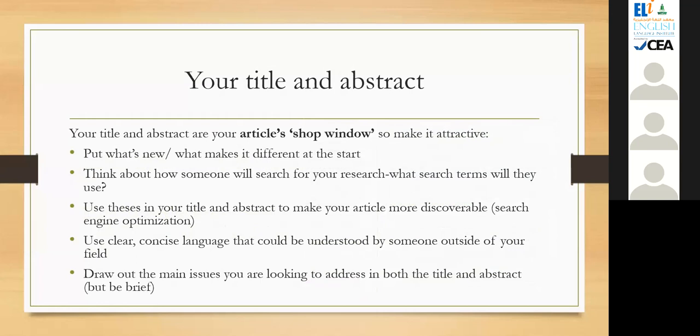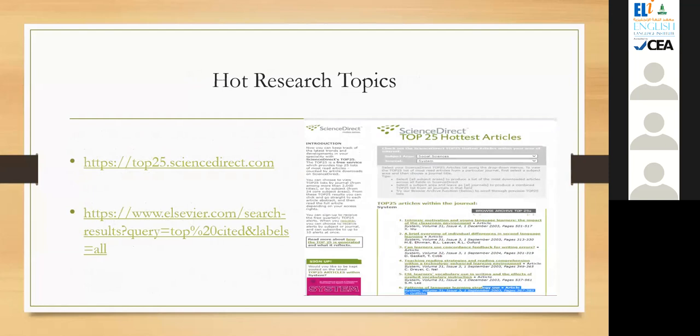Everything has been investigated. Okay, so these search engines could help a bit. Maybe the top 25 on ScienceDirect gives me the 25 hottest articles in the field, for example. Or maybe in that search engine, Elsevier, it could give me the top highly cited research, for example.